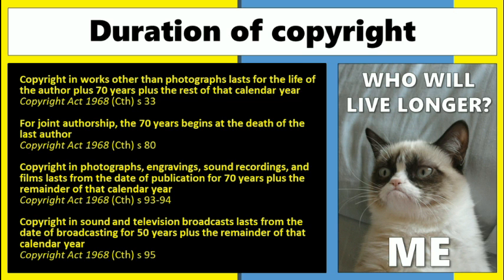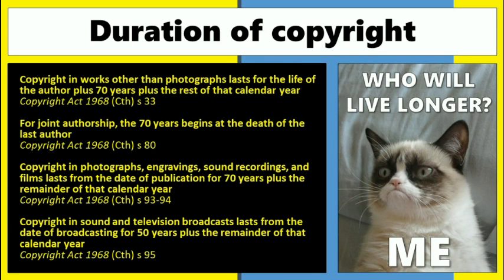And on the 1st of January, after 70 years after the death of that particular author has expired, those works move into the public domain. In situations where the copyrighted thing has been created jointly, the last surviving author, it's from the end of their life plus 70 plus the remainder of that calendar year, that's going to be the length of the copyright for that particular work.